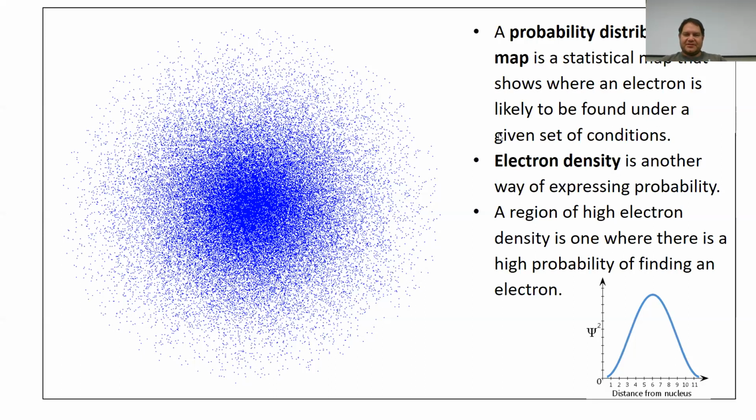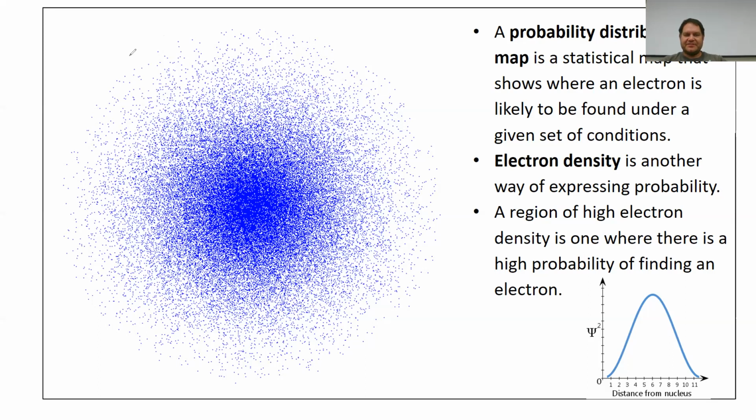Now, I'll get to electron density in just a moment. What you're looking at is a type of cloud, a solution, and we said already that where you see these dots is a possible location where the electron could be. But where we have a greater density of dots is the most probable location of where the electron could be.